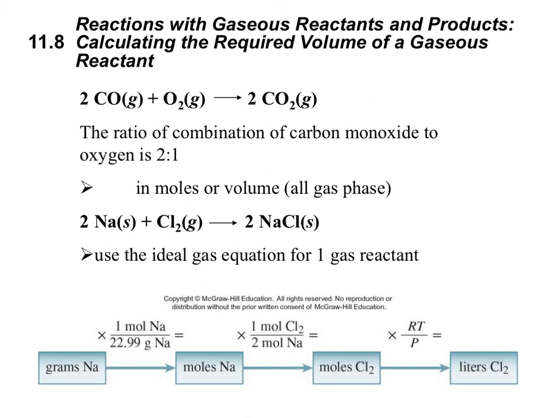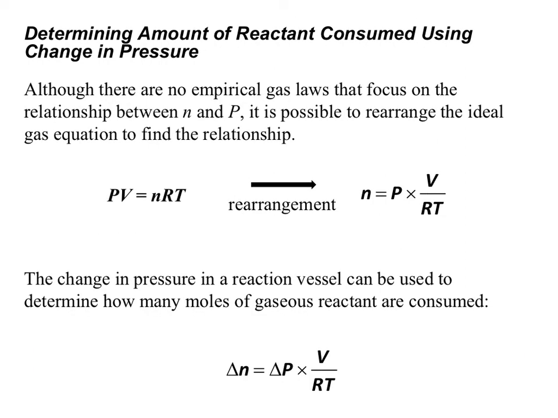Similarly, we can figure out how much of a gas is being used up in a reaction by modifying the equation. Although there are no empirical gas laws that focus on the relationship between number of moles and pressure, it is possible to rearrange the ideal gas equation to find the relationship, i.e. the number of moles equals pressure times volume over the gas constant times temperature.